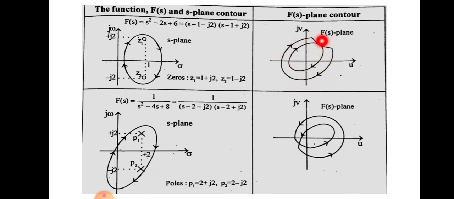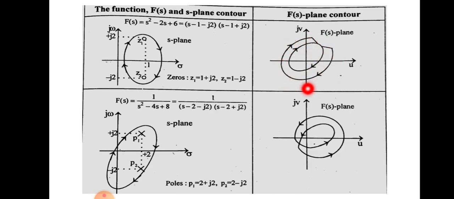You can see that these zeros are located in the right half of the s plane. When the zeros are located in the right half of the s plane, then the similar contour in the F(s) plane should be encircling the origin 2 times, and that too in the clockwise direction.